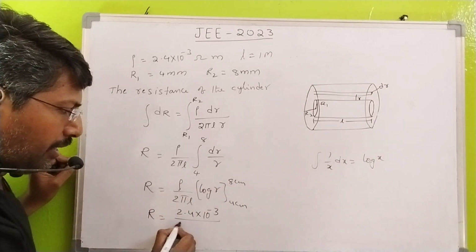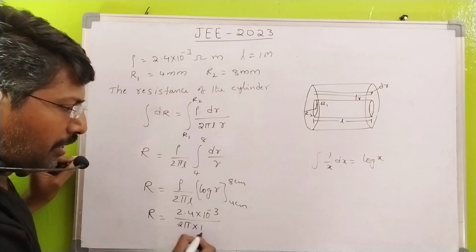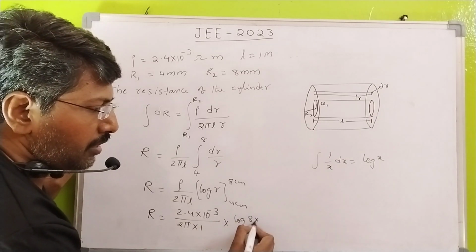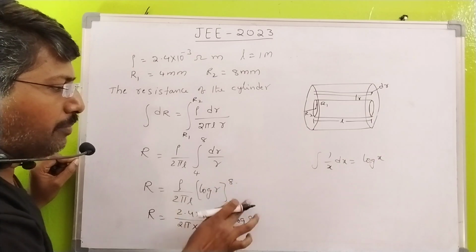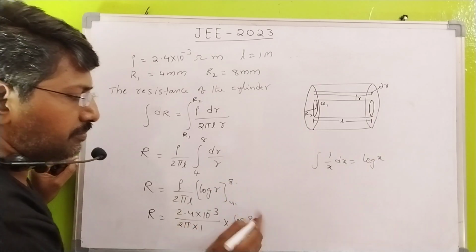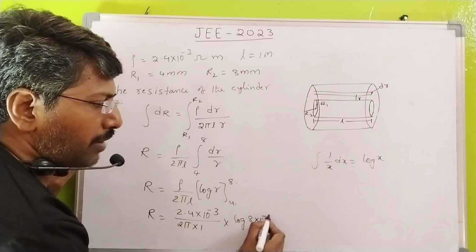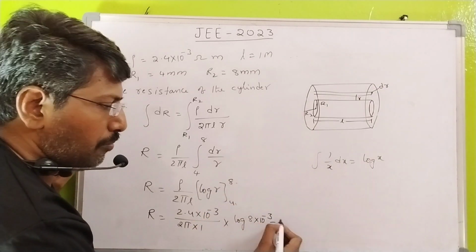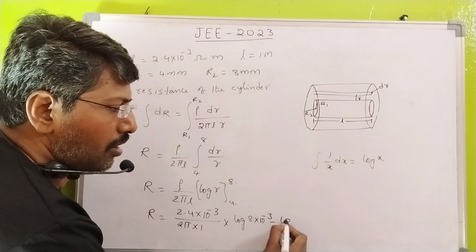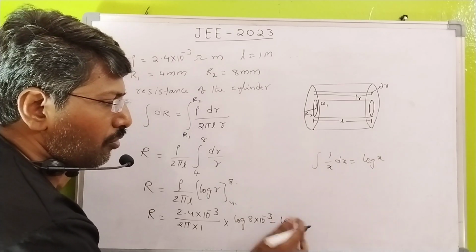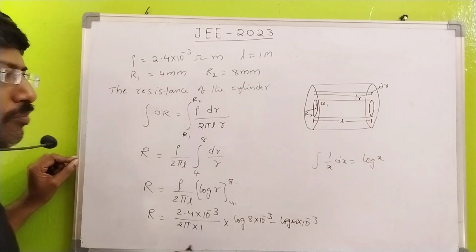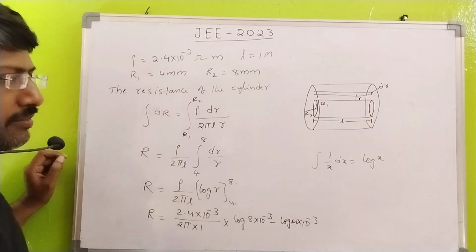So divided by 2 pi into 1. So here log, the millimeter is given. I think this is the millimeter. So that means 10 power minus 3. I will convert into SI system: log 8 into 10 power minus 3 minus log 4 into 10 power minus 3. So after simplification, you will get the answer.